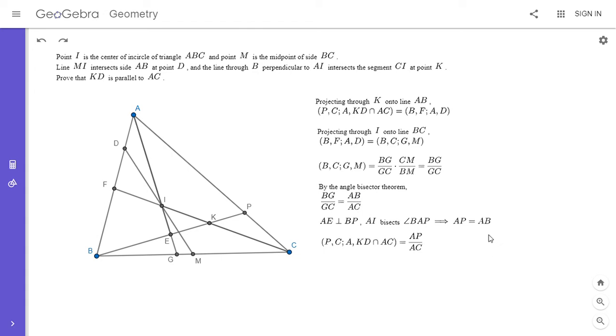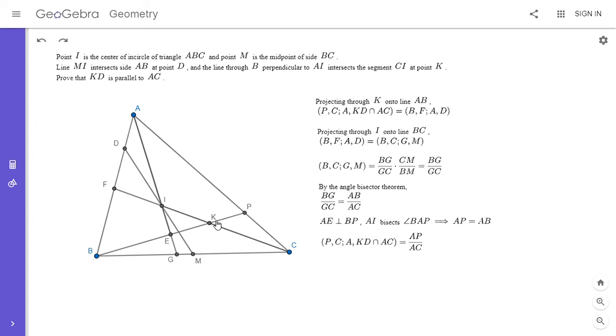Now we're almost there, because AP over AC is the ratio that A divides PC into. If we unravel the definition of cross ratio, whatever this point KD intersect AC is, it has to divide PC in the ratio 1 to 1. Whether it's an actual point or the point at infinity, it has to divide PC in the ratio 1 to 1, but it's clearly not the midpoint of PC.